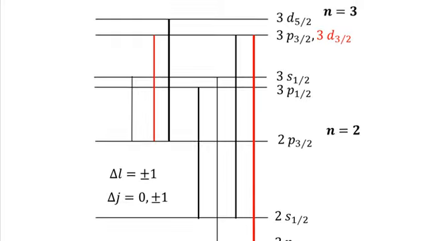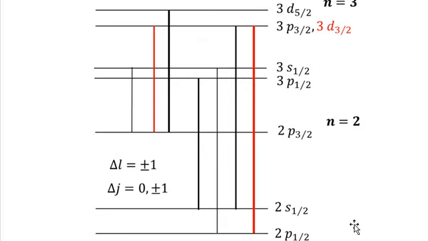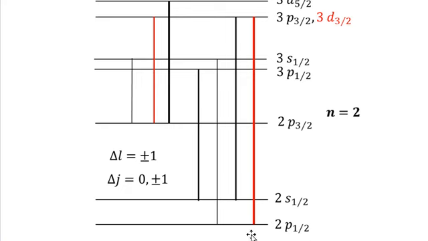You can confirm by yourself that these transitions are correct. The transition shown in red is between p1/2 and d3/2, because both satisfy delta L equals plus or minus 1 and delta J equals 0 or plus or minus 1.